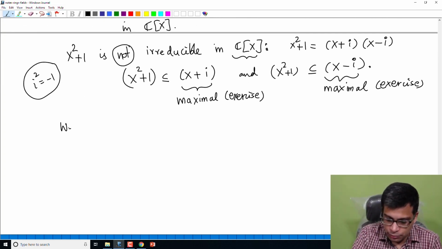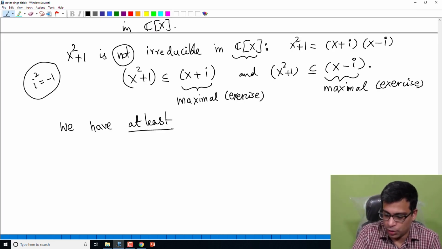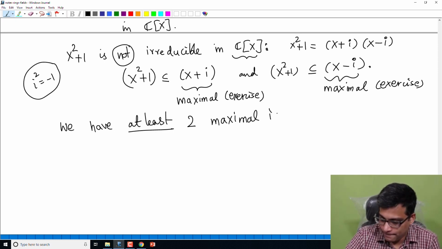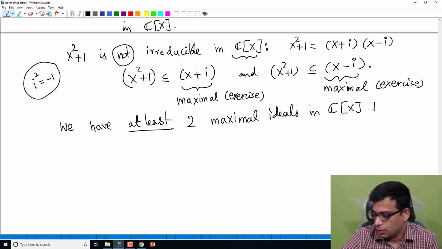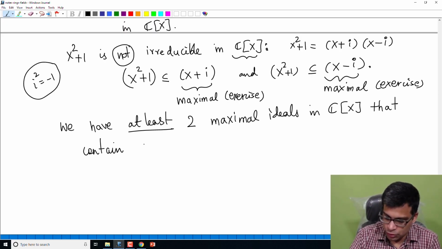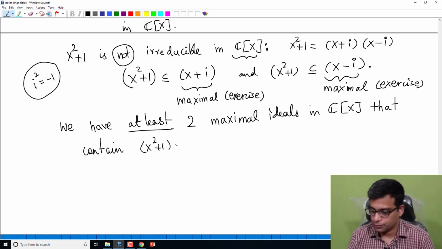So we have, at least at this point we can only say this, at least 2 maximal ideals in C[x] that contain x squared plus 1.